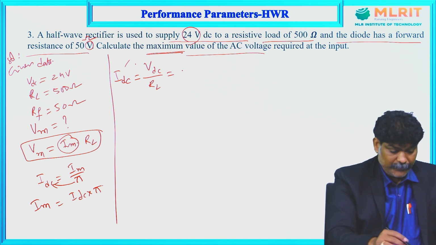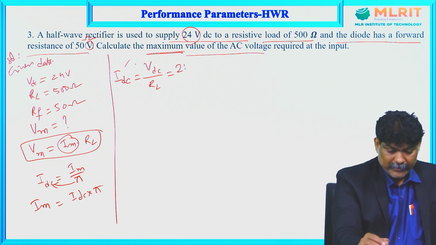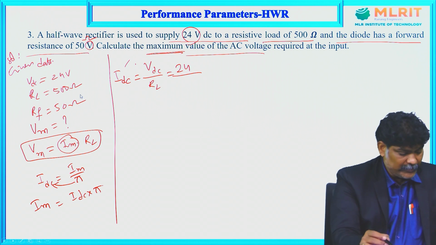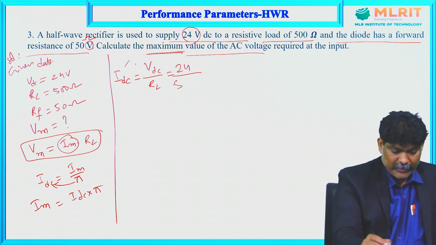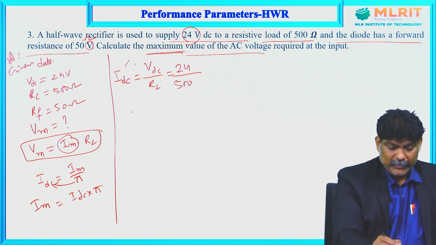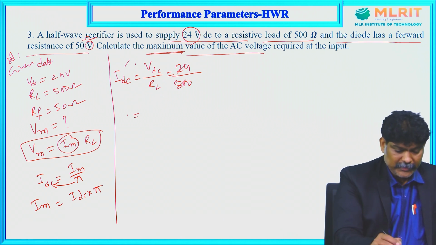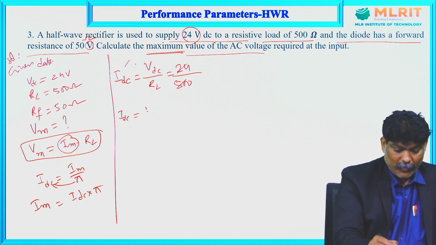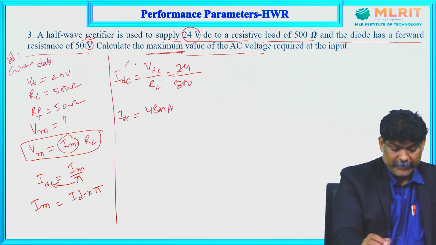So what is VDC? We have given 24 volts upon what is RL? RL is given 500 ohms. So therefore, here we can calculate, if you solve for this, IDC is obtained as 48 milliamperes IDC.